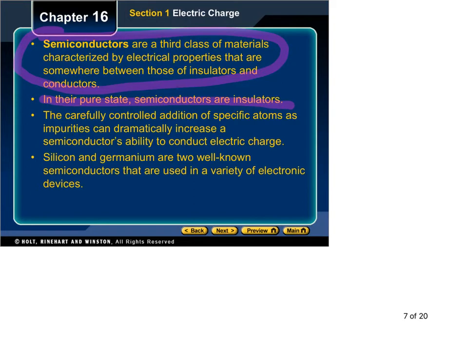And if we add some impurities to them, the impurities can increase the ability to conduct electric charge. Silicon and germanium are a couple of the more common semiconductors.